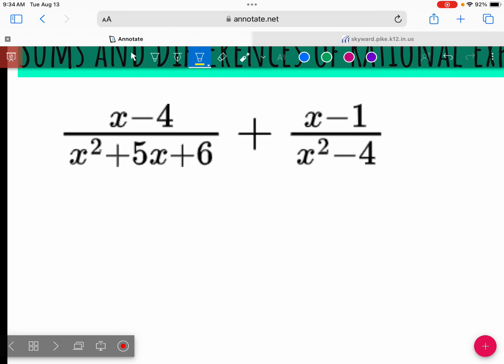All right. So here's our next one. We've got x minus 4 over x squared plus 5x plus 6, plus the fraction that has x minus 1 over x squared minus 4.